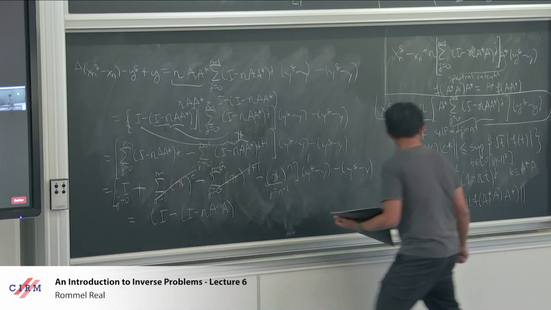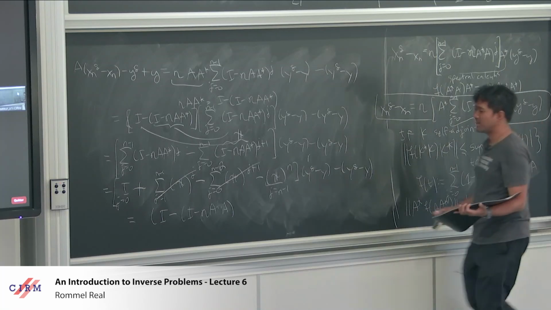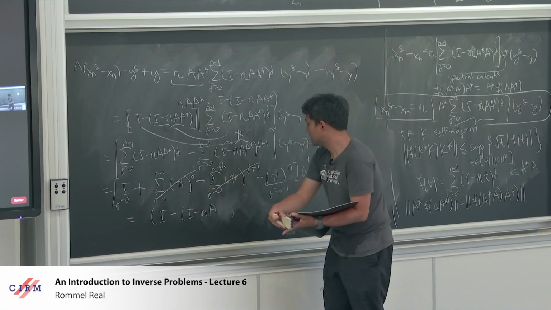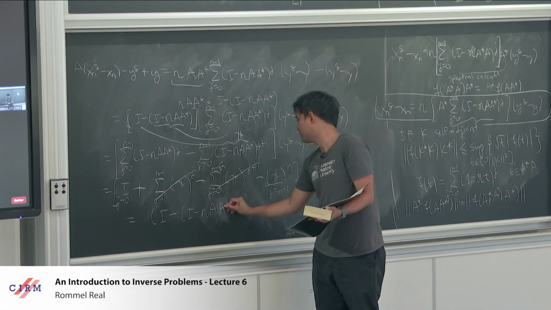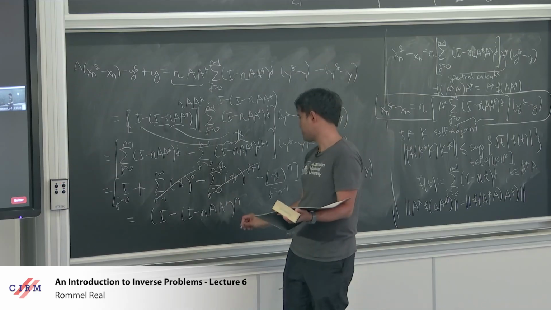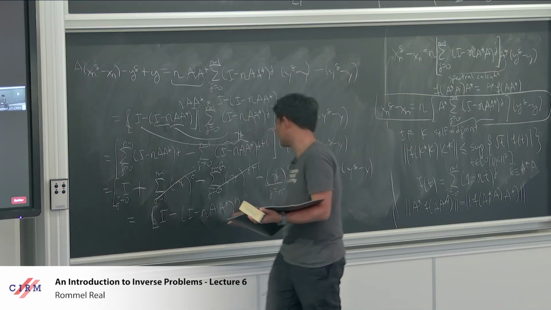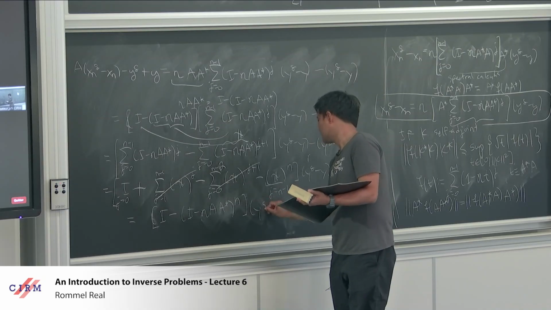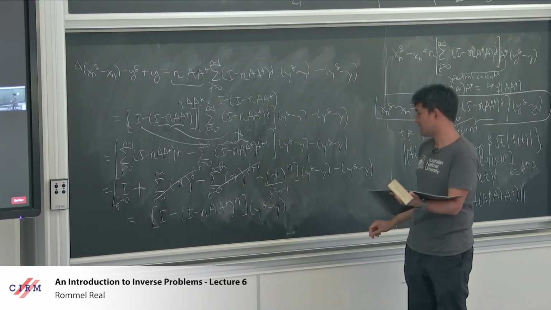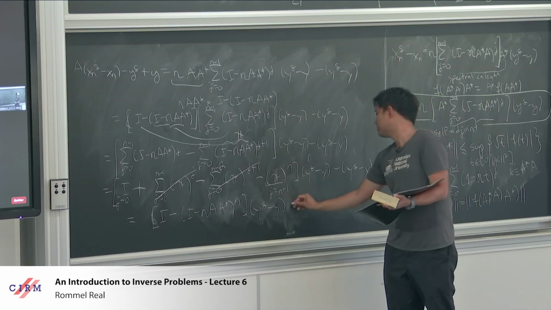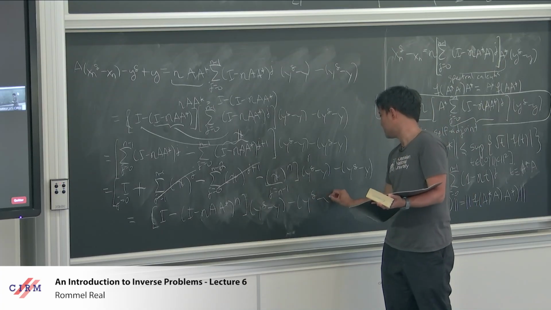That's AA star, sorry. I minus AA star raised to n, and then you subtract it by y delta minus y.